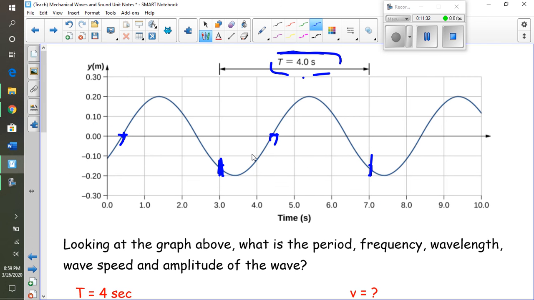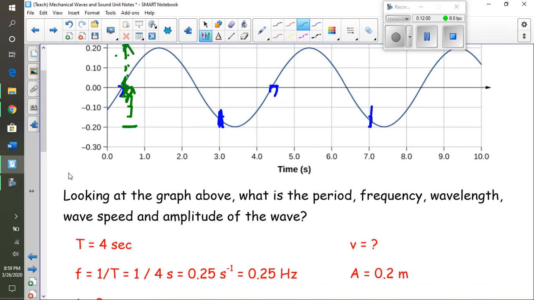So this point on the string goes up 0.2, down 0.2, down to negative 0.2, back up to 0, and finishes where it started. It covers a distance of 0.8 meters, and it takes 4 seconds to do that.